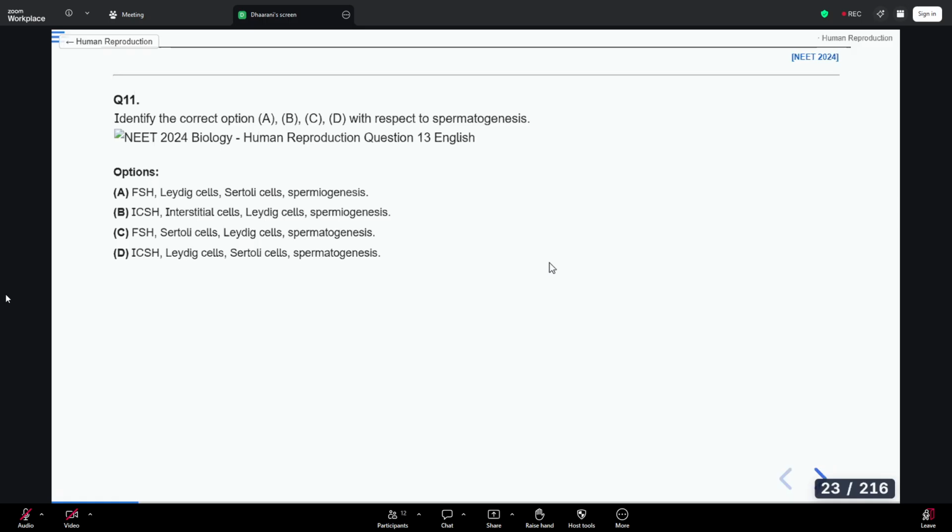Okay, what about Sertoli cells? What are the functions of Sertoli cells?